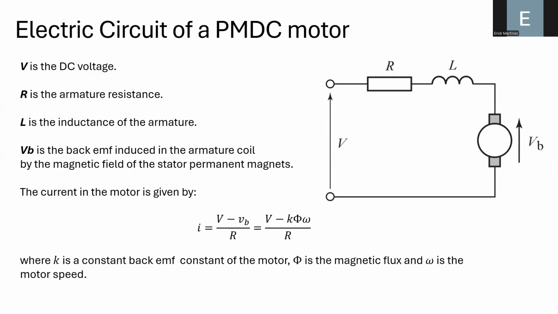So basically, the back EMF depends on the velocity of the motor, the magnetic flux of the magnets, and also the back EMF constant of the motor. These are characteristics or properties of the motor that you are using. But at the end, this relationship states that the back EMF depends on a constant and the velocity of the motor, and this constant depends on the magnetic flux, or the magnetic field produced by the stator.